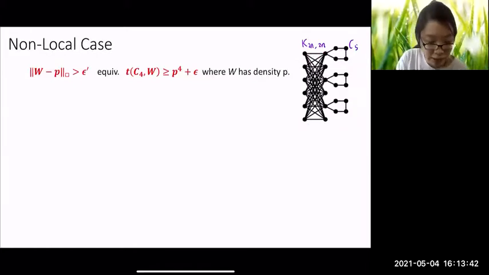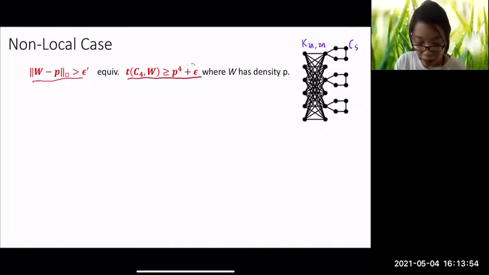So basically it means the cut norm is large. And here comes why the cut norm is useful. Because if the cut norm is large, then the C4 count in W can boost by at least epsilon from what is expected from the constant graphon, which is P to the 4. So we have an extra plus epsilon here for the C4 count.